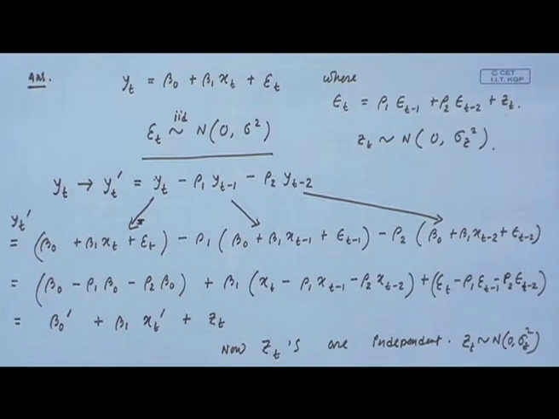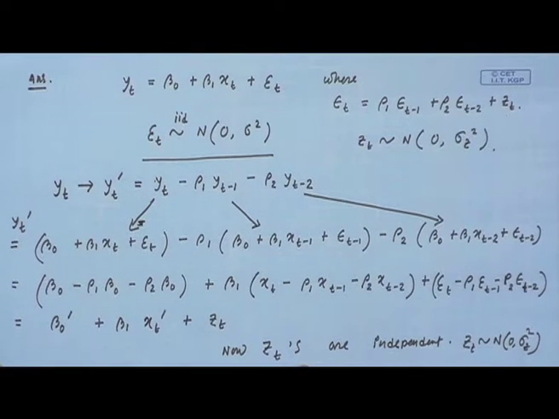So, the advantage of this one is that now we have a model like y t prime equal to beta naught prime plus beta 1 x t prime plus z t, and here the error terms follow normal distribution with mean 0 and variance sigma square, and they are also independent.